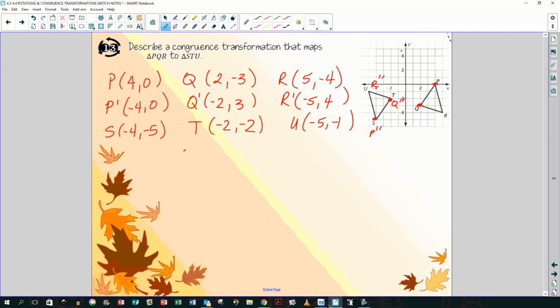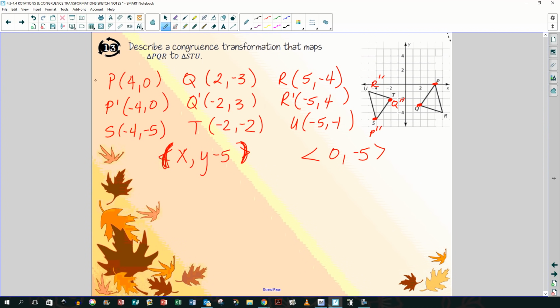So I'm going to rotate it around, and then I'm going to slide it down. So then I'm going to translate it by, you'll notice my x values are all the same. The y values, I am subtracting 5. Note it like this, which would be the same thing as the vector form this way.